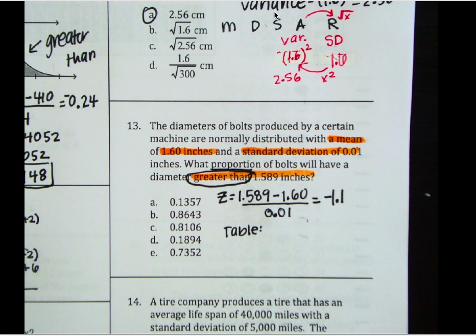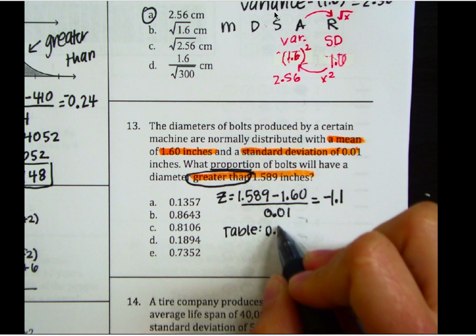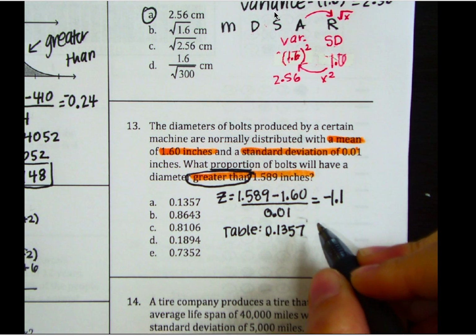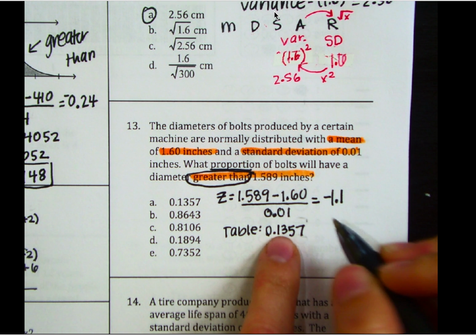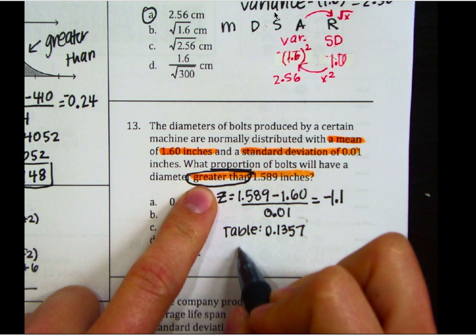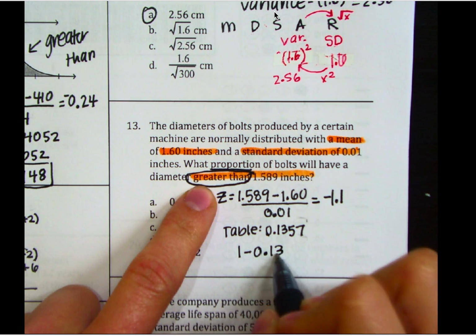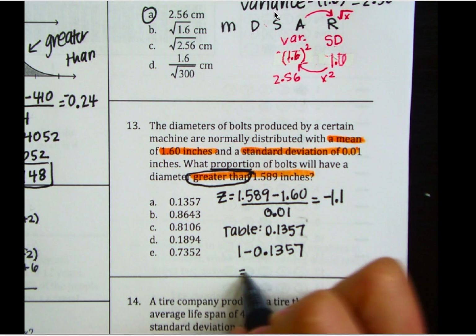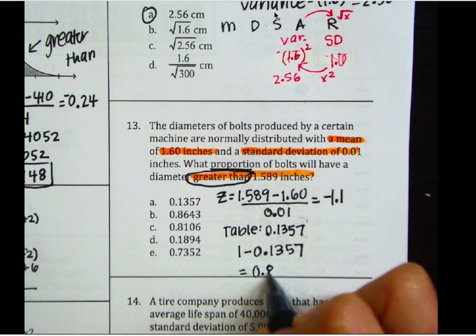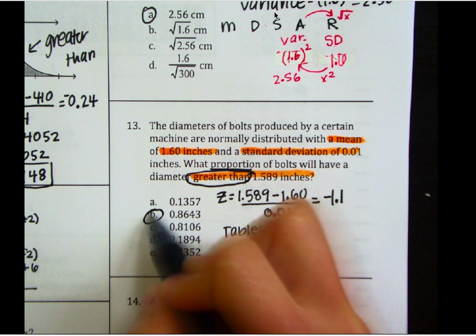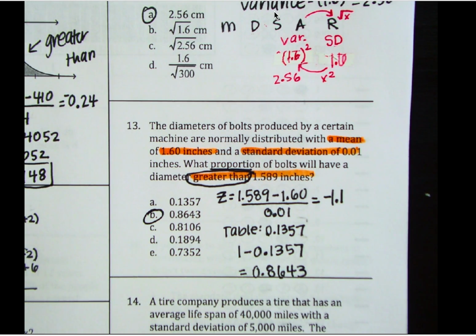So looking that up in the table, negative 1.1 gives us the area of 0.1357. Okay, but we need to remember this is the less than from the table. So if they want to know greater than, we have to subtract that table value from 1. Okay, so we end up with an area or proportion of 0.8643. So our answer is B.